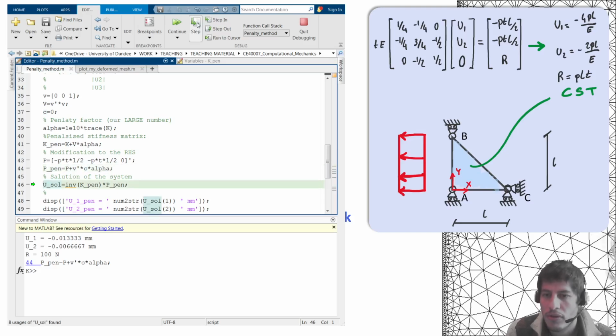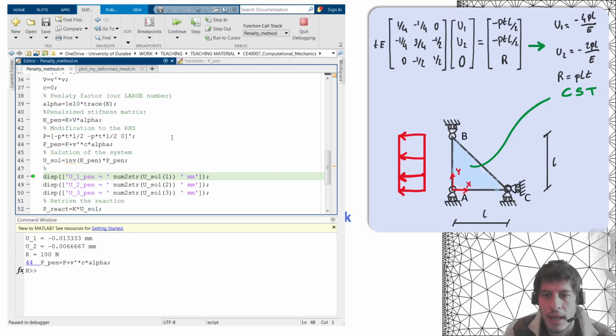So we want to solve our system. So we said our U is equal to the inverse of the penalized stiffness matrix times the penalized right-hand side. If we do that, we get our solution. And let's see what our solution tells us.